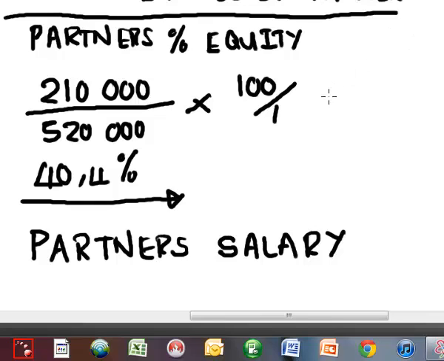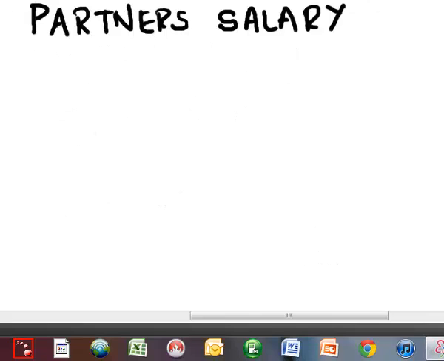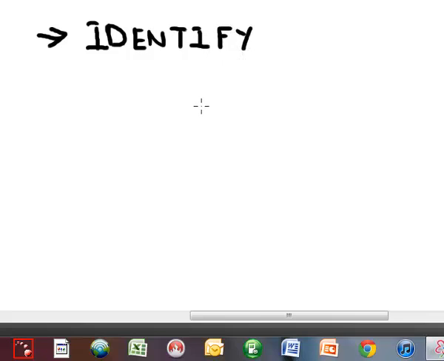Okay, grade 11s, if we now have to summarize the section on dealing with returns for partners and the analysis and interpretation of financial statements, we would say that one is to be able to identify information relevant to the indicator that you are required to calculate.